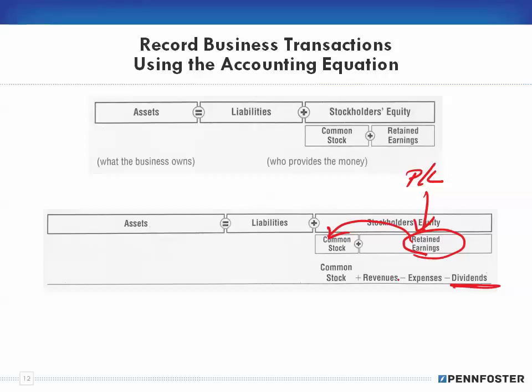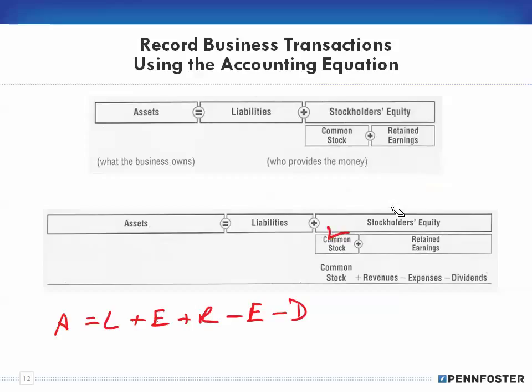So in the equity section, we have common stock, plus revenues, less expenses, less dividends. In the previous video, I talked about the extended accounting equation, assets equal to liabilities plus equity plus revenues less expenses, and I didn't add less dividends because I didn't want to confuse issues at that point.